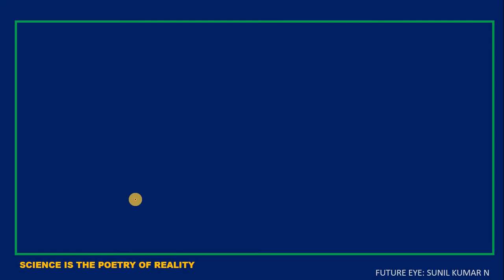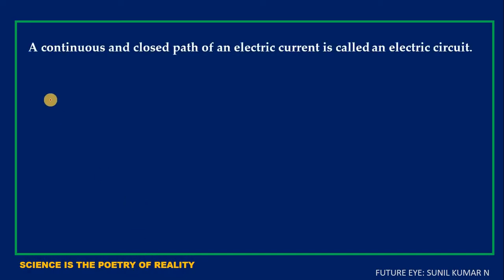Next, I feel this is the right time to talk about the electric circuit. In the last slide and the one previous to that, I used the word electric circuit. So what does it mean? It means a continuous and closed path of an electric current is called an electric circuit.